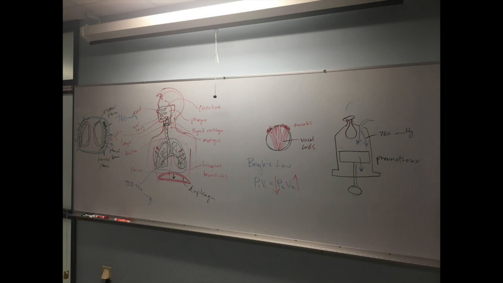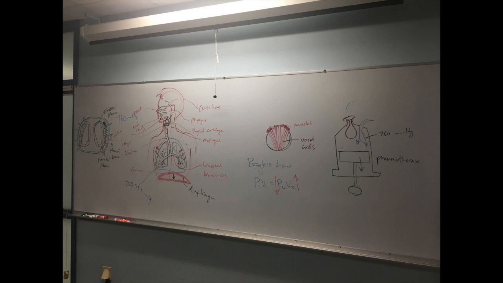Even if you put it underwater and you pull that stopper, water goes in, right? The reason it goes in is because you made the volume bigger, pressure went down, so it went from 760 to 750 or something, and gas moves from high pressure to low pressure to equalize that pressure, right?